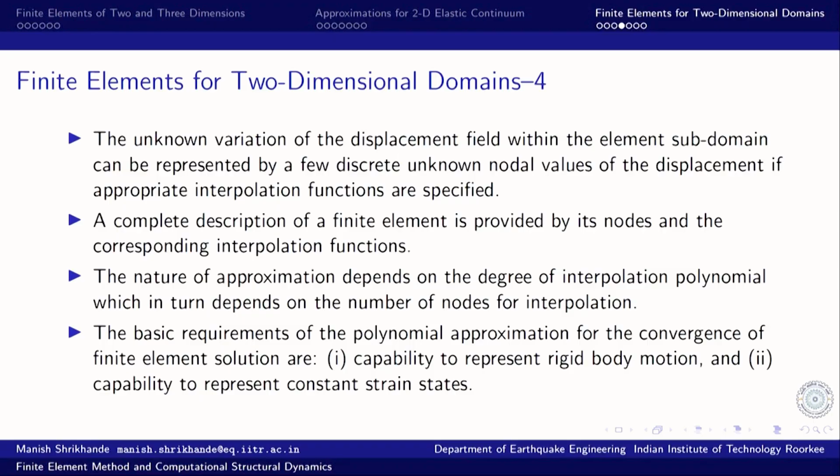We discussed the basic requirements of the polynomial approximation for the convergence of the finite element solution: the capability to represent rigid body motion and the capability to represent constant strain states. Now, what do we mean by this? We have been talking about this earlier also.